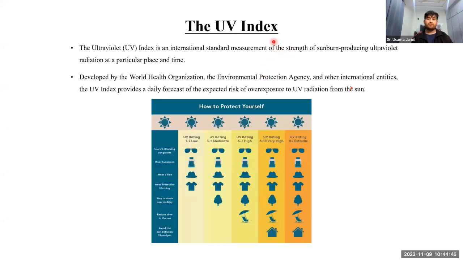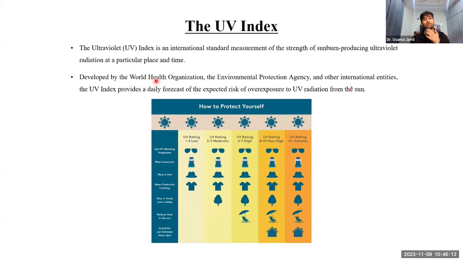If we speak of the UV index, what is it? The UV index is the international standard measurement of the strength of the sunburn-producing UV rays at a particular place and time. If we calculate the potential of the UV rays to cause sunburn at a particular place at a particular time, we are calculating the UV index of that area.